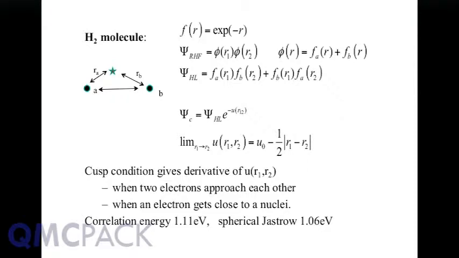And you could write down the orbital approximately as an orbital on the A proton and an orbital on the B proton.